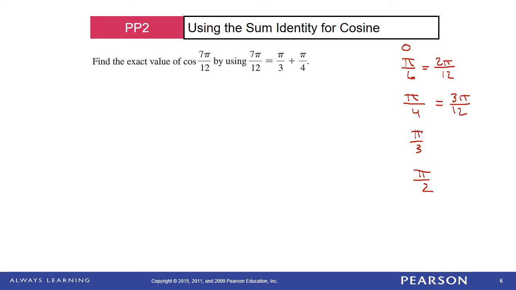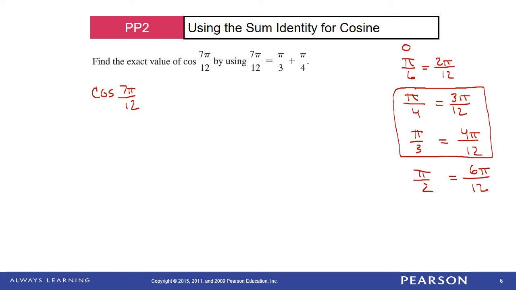Pi over 4 then becomes 3 pi over 12. Pi over 3, 4 pi over 12. And pi over 2 makes us 6 pi over 12. Okay, which one of those, if added together, would give you 7 pi over 12? It's the middle 2 right here, because 3 pi over 12 plus 4 pi over 12 will give you 7 pi over 12. Therefore, we're going to use pi over 4 and pi over 3. So if you ever try to find it yourself, there you go.